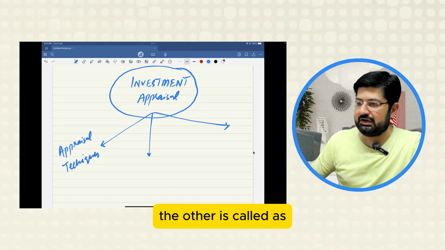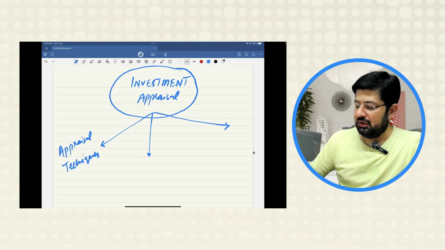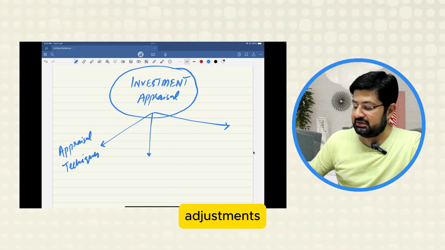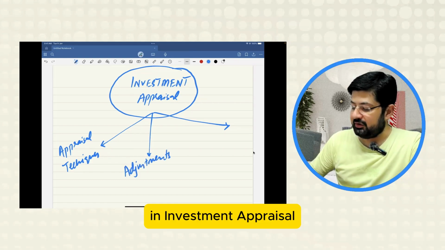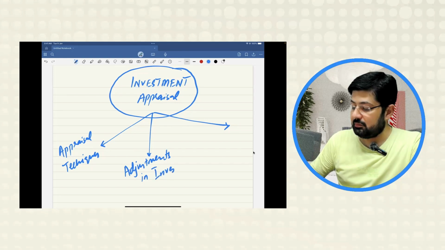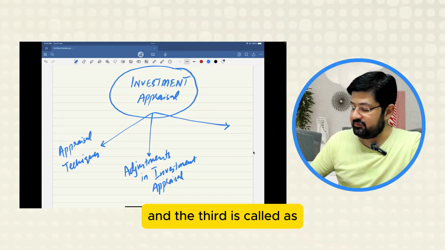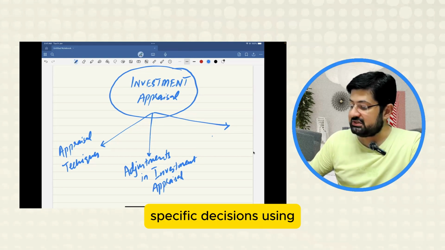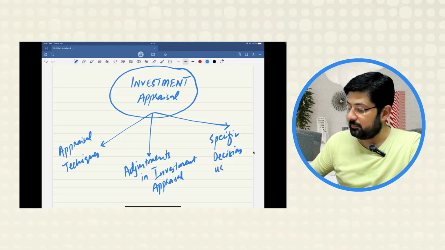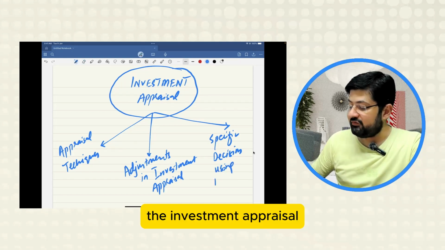The other is called adjustments in investment appraisal. And the third is called specific decisions regarding or using the investment appraisal.